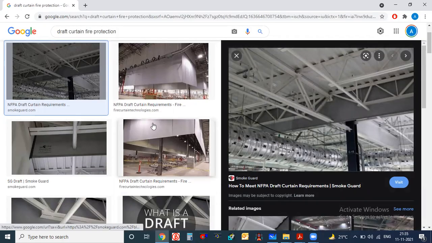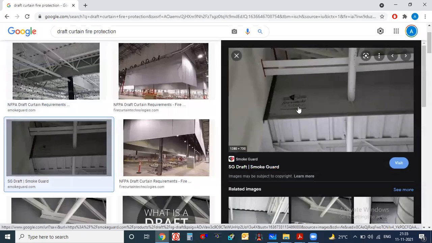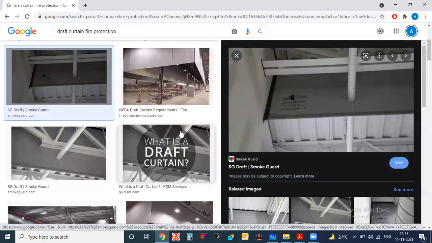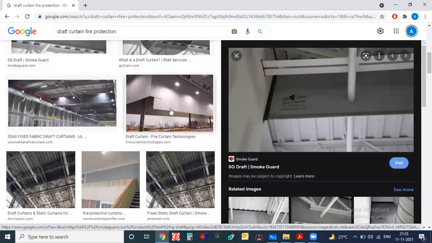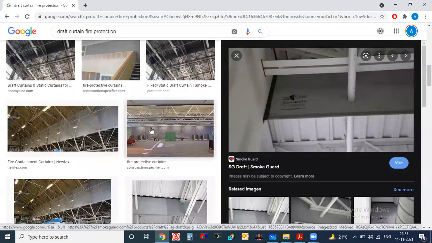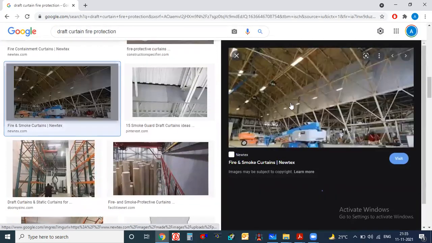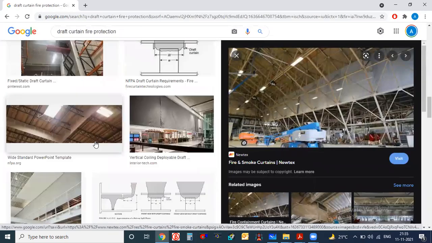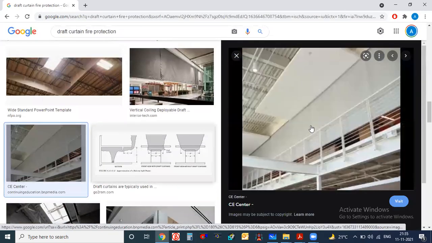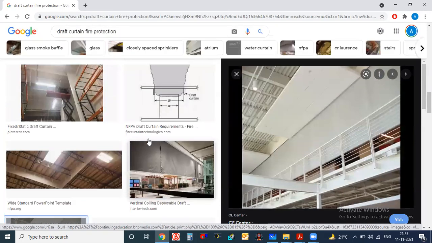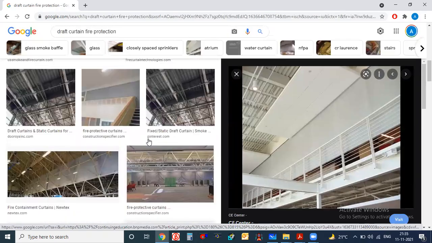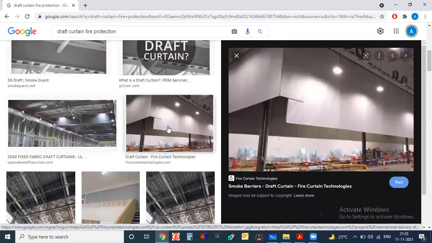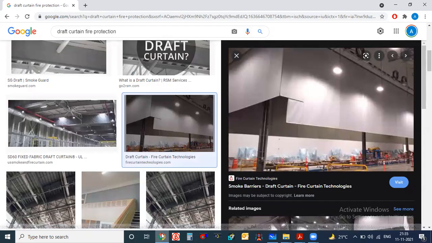So maybe this is the draft curtain, or you can see this is also one type of curtain. I'm trying to find a proper image. I think these are some typical draft curtain arrangements. Mostly I think this one is, I do believe, sandwich panels. Yes, maybe. So here they have not given any proper image for draft curtain, but you can get it.